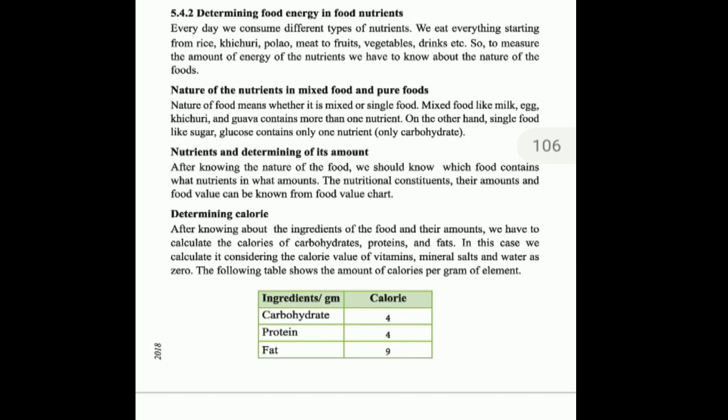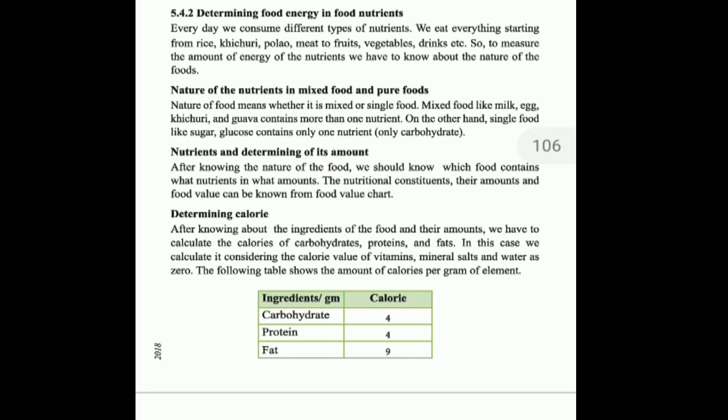Nature of foods means whether it is mixed or single food. Mixed food like milk, egg, hodgepodge or khichuri and guava contain more than one nutrient. On the other hand, single food like sugar and glucose contain only one nutrient.